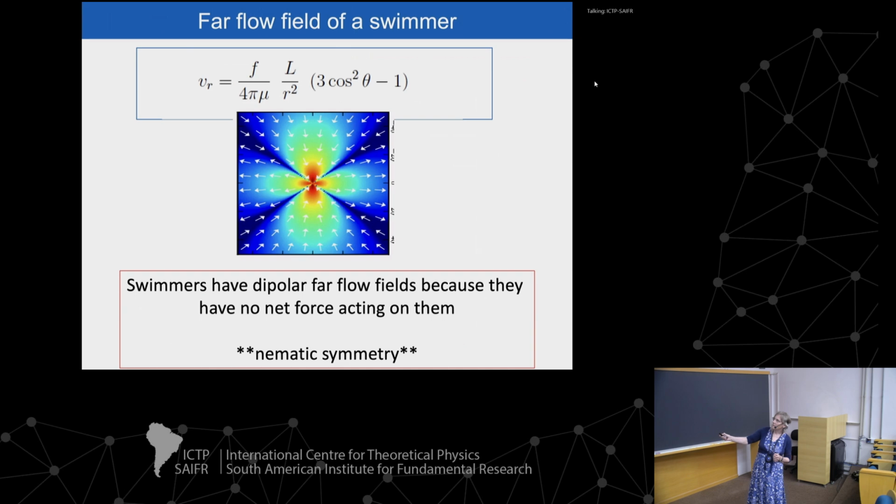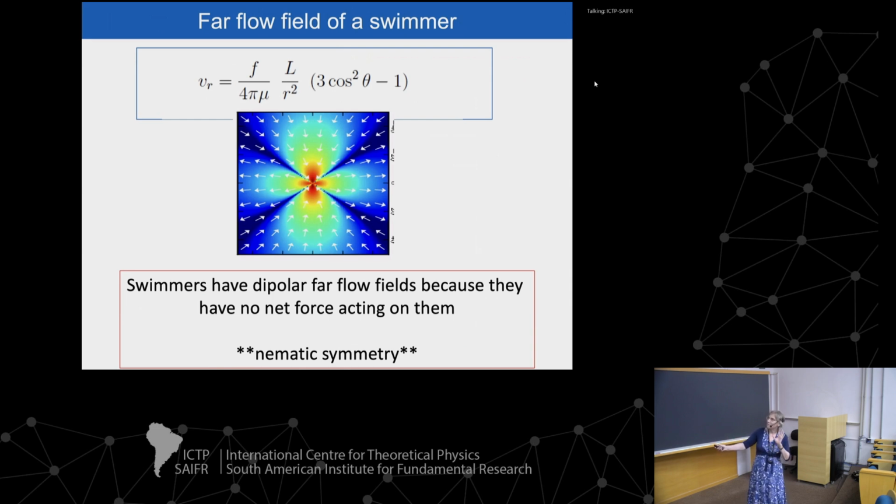It looks like this, right? This is my swimmer horizontal there. It's putting fluid out in this direction and pulling it in along the sides. Now, what's the symmetry of that thing? I've written it up here so you can tell me, because it's really important.